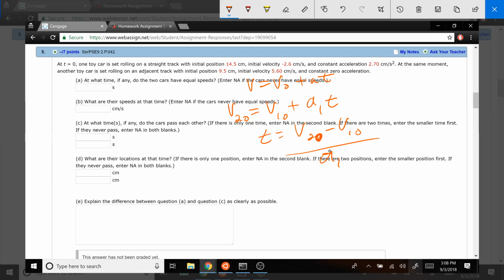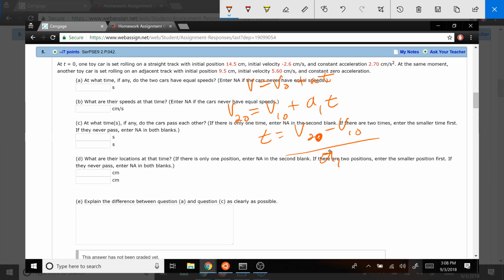What are the speeds at that time? That one's easy, just plug in. Well, you have the T, you can plug it into either equation. But wait a minute. What are their speeds? If you plug anything in there, then it needs some more considering.